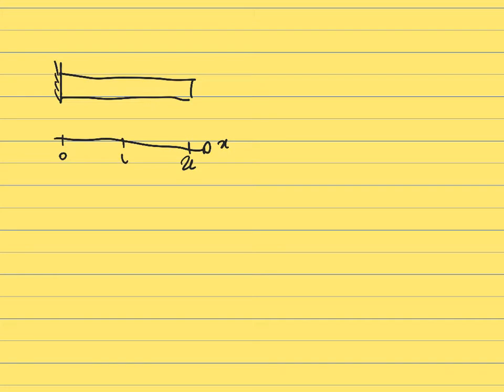So between 0 and L, it's subjected to a distributed load that is going upward like this, and between L and 2L, it's subjected to a distributed load that is going downwards, like this. We are going to consider that the intensity of the distributed load is the same for both of those distributed loads. It's W naught, but one is going up, one is going down.